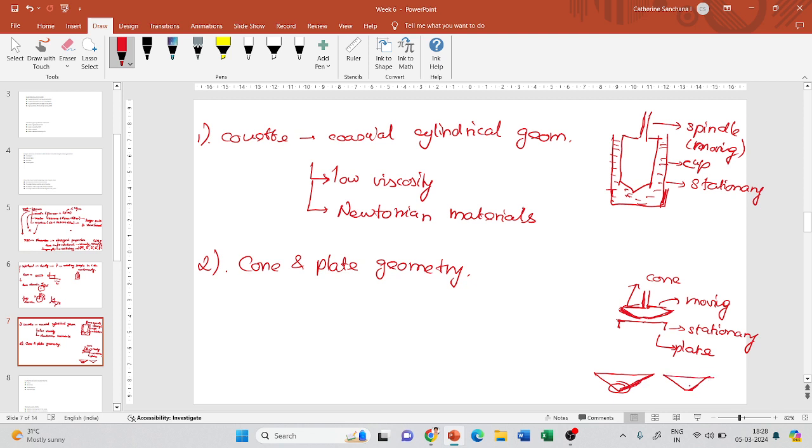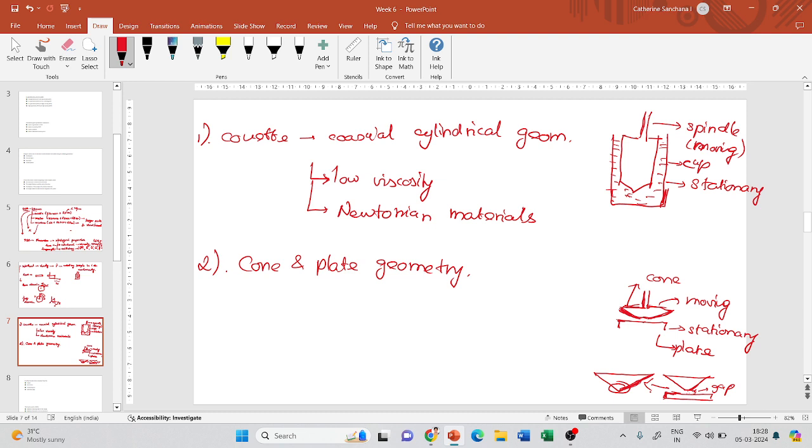Okay. Will that not cause a deviation in your measurements? That will obviously cause. That is why they have limited this gap. This gap is so small that this truncated cone is representative of a full cone geometry.